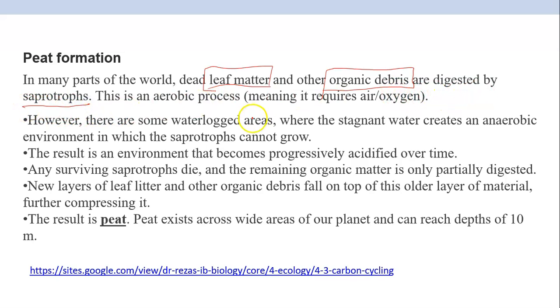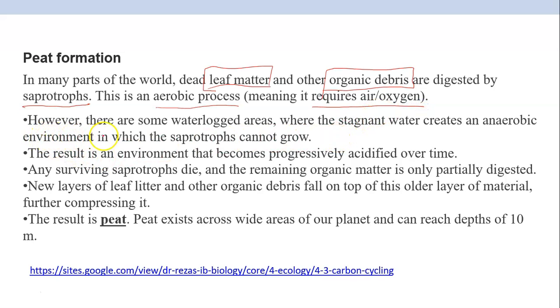This is what saprotrophs are doing: digestion on the outside, not the inside. If it was inside, that would be ingestion. So this is an aerobic process. This means that it requires air and oxygen.